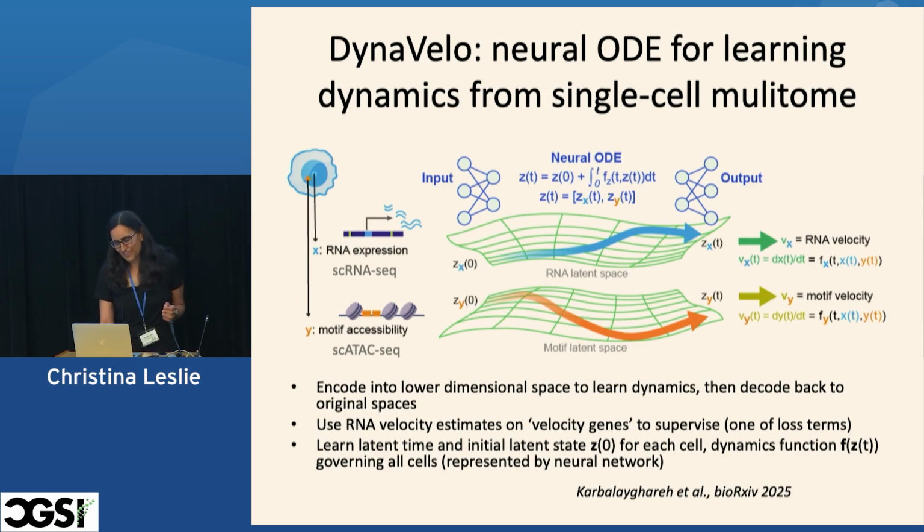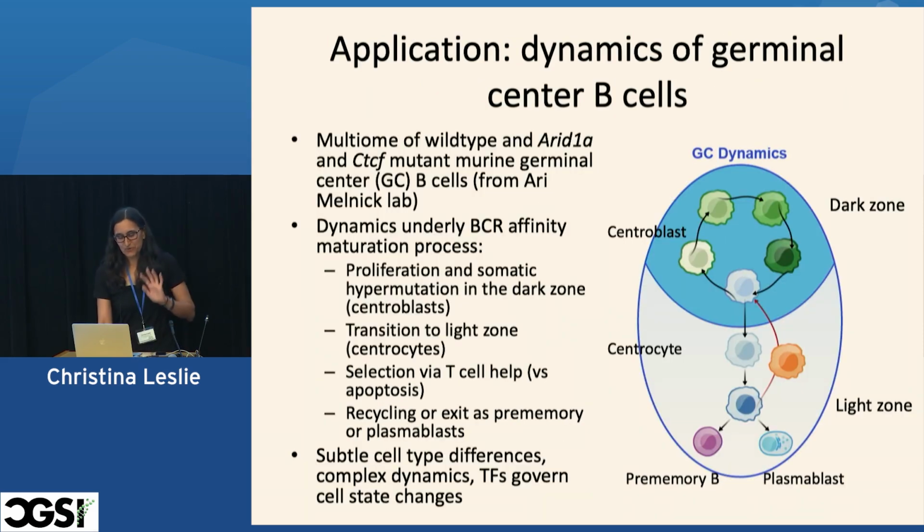I'll just show you one thing, okay? We apply this to germinal center B cells. They have very complex dynamics. This is part of the antibody response. The B cells somatically hypermutate their antigen receptor in the dark zone, transition to the light zone. They either get T cell help if it looks like the B cell receptor is doing well, or they die, right?